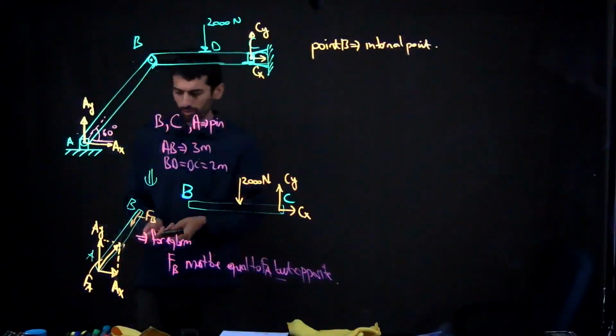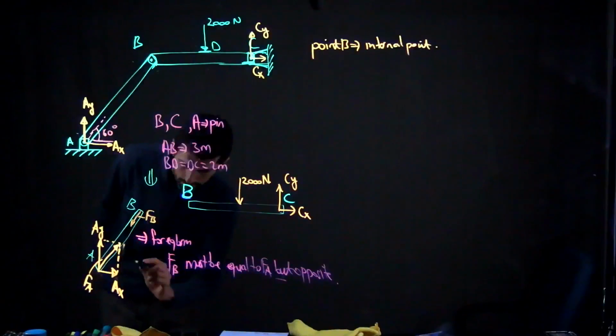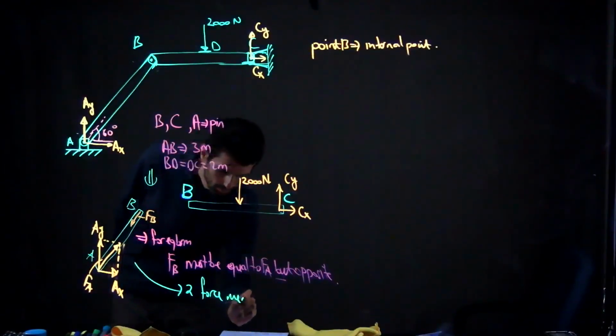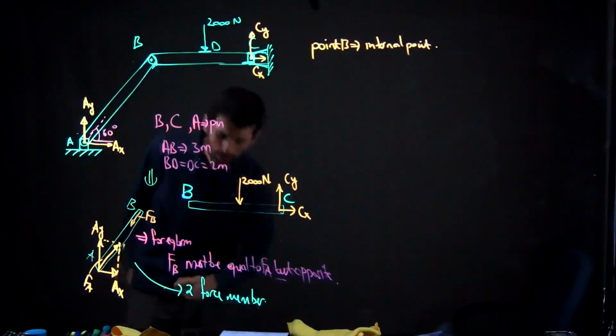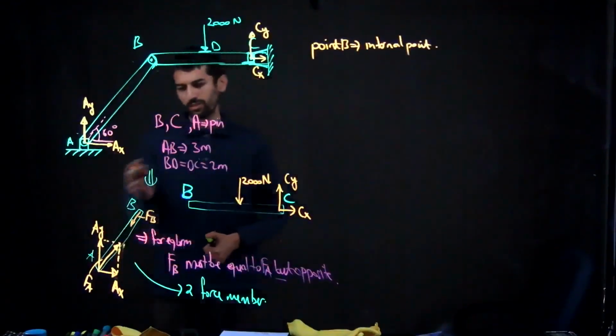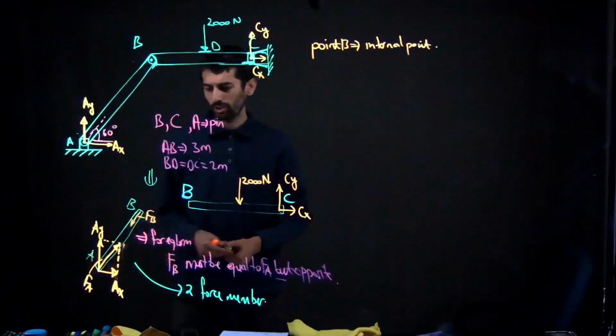This is called a two-force member. With a two-force member, it is easier to analyze the structure. Instead of writing the components, we just write the force here.